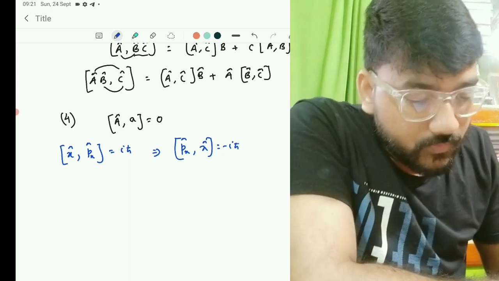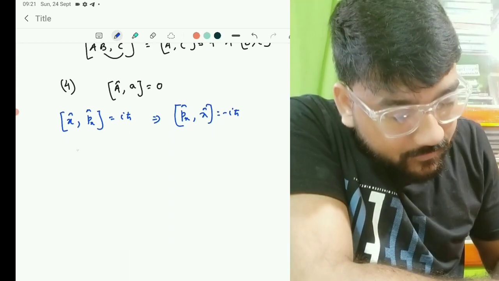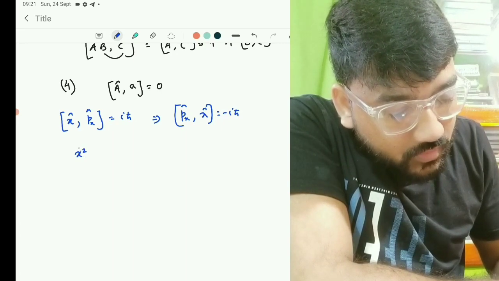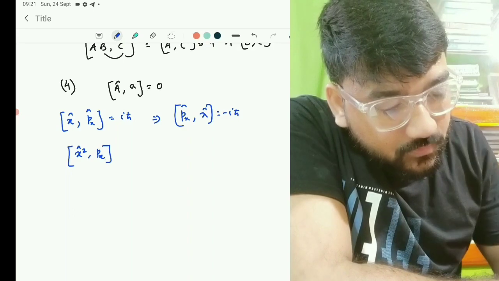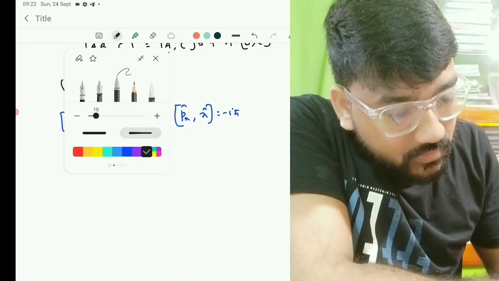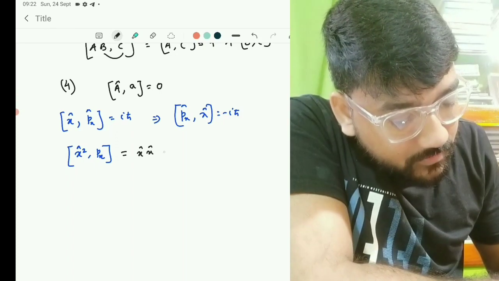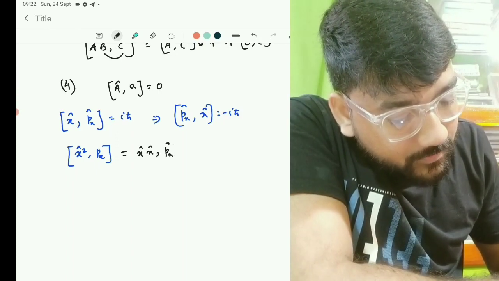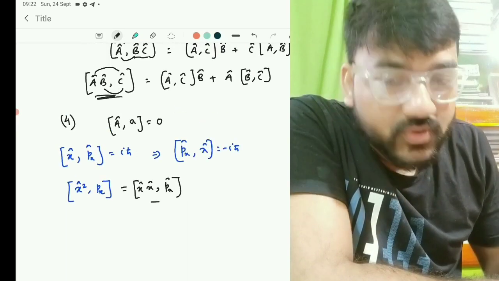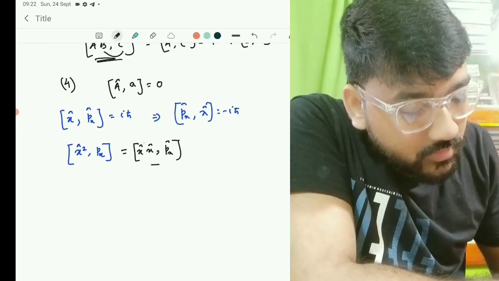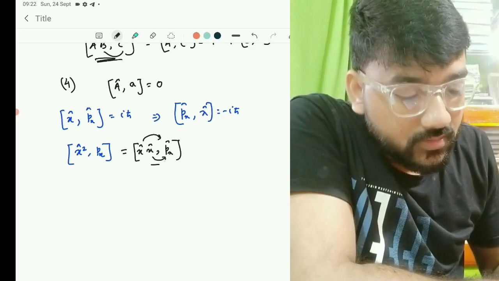Now what we want to do is, suppose we have [x square, px]. Then how should you do it? This x square can be written as x cap into x cap, and px cap. Now you can open this something like [a cap b cap, c cap]. So how? First you have to write this with this, and then this with this.